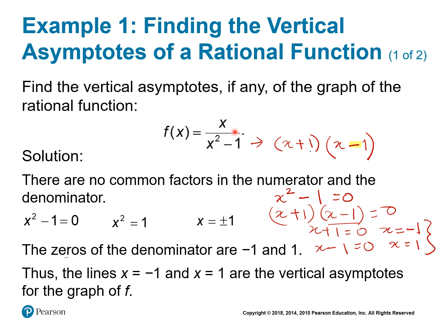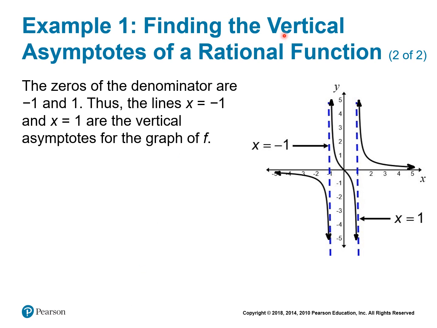If we did, we would have to take this entire function, x divided by x squared minus 1, make it equal to 0 and solve for x. But that's not what we need to do here to find the vertical asymptotes. All we need to do is just take the denominator expression, make it equal to 0, and solve for x, and that'll give us the vertical asymptotes for the graph of f.